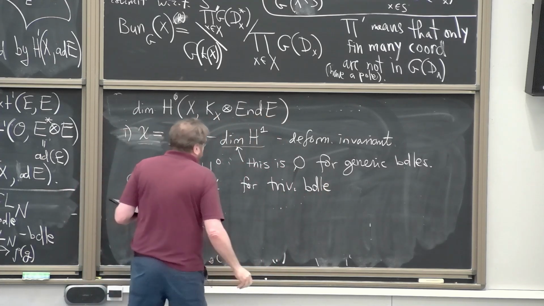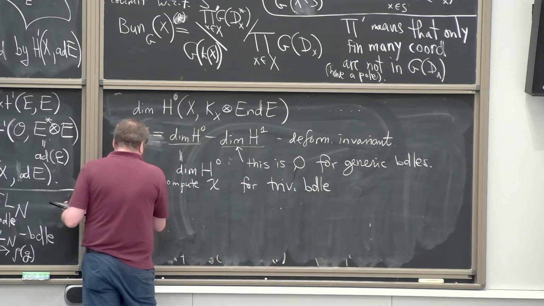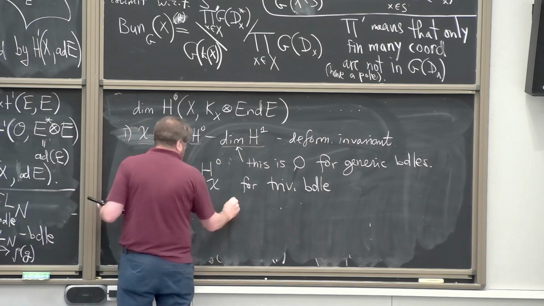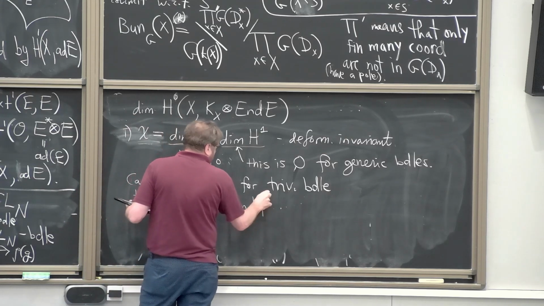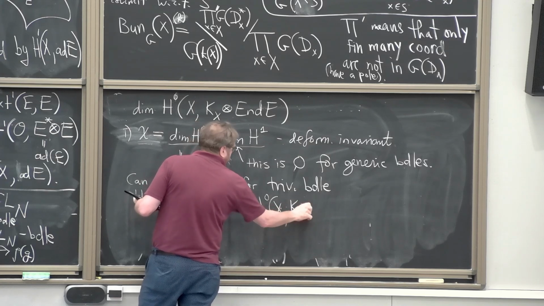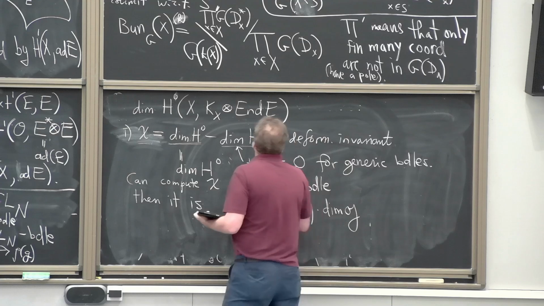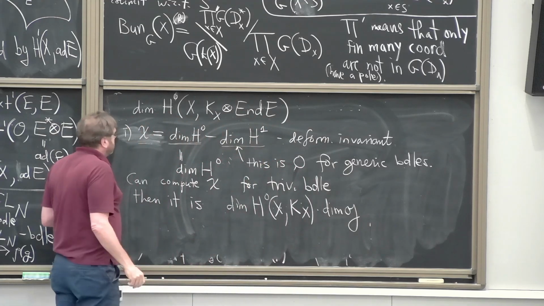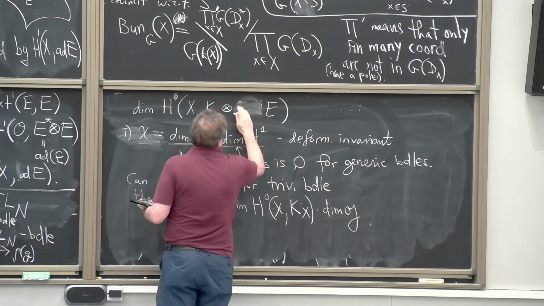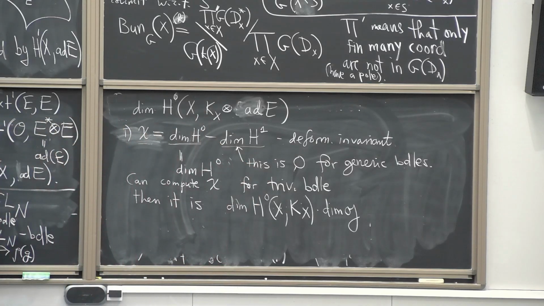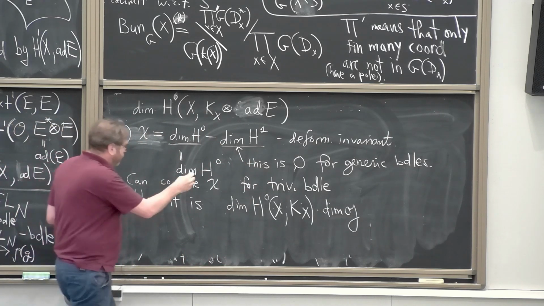And for the trivial bundle, it is the dimension of H0 of X with coefficients in K_X times the dimension of G, because this is just a copy of G in adjoint E.